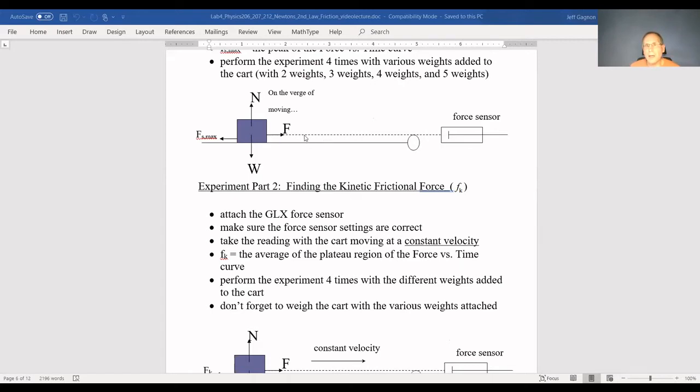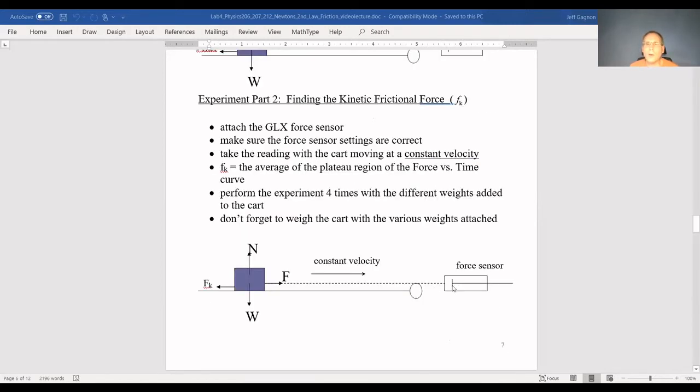Initially you're pulling harder on the force sensor, but the cart's not quite moving, and at some point it gives. So the highest force is the maximal static frictional force. Then we keep pulling the cart at a constant velocity, and the force we're recording from the sensor is equal to the kinetic frictional force.